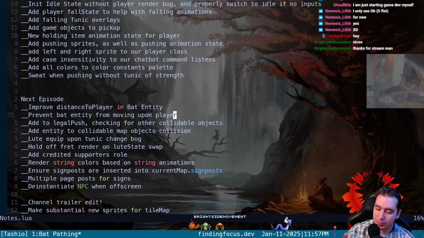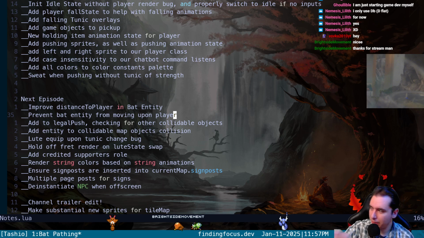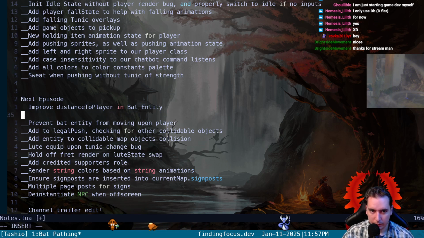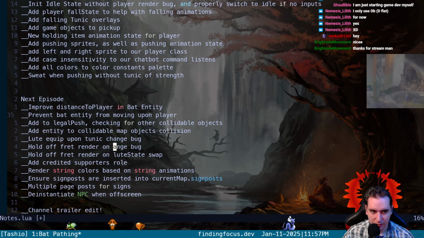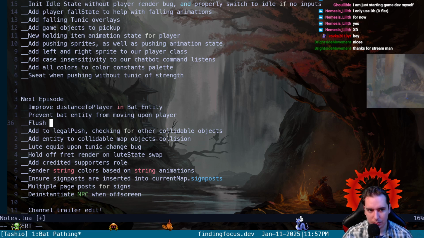So if our displacement X was high when the bat got within range of us, then the next frame, once it knocks us out, it could be a jarring movement. So I do think we need to flush our displacement values once we're close enough. But it was looking like it was giving us issues, so we'll try to tackle that tomorrow.